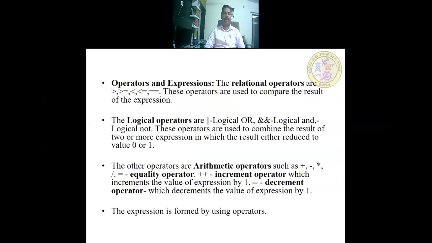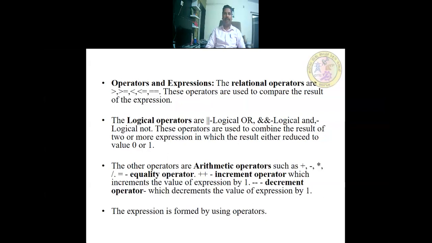The next concept is operators and expressions in the C programming language. There are different operators supported by C language. Among them, a very important group is the relational operators. The relational operators are less than or equal to, greater than or equal to, and equality.